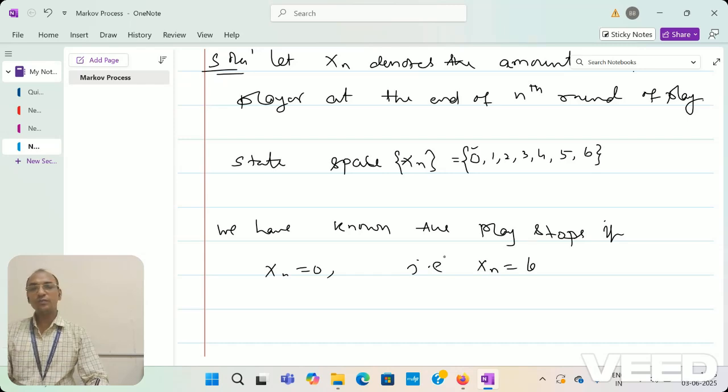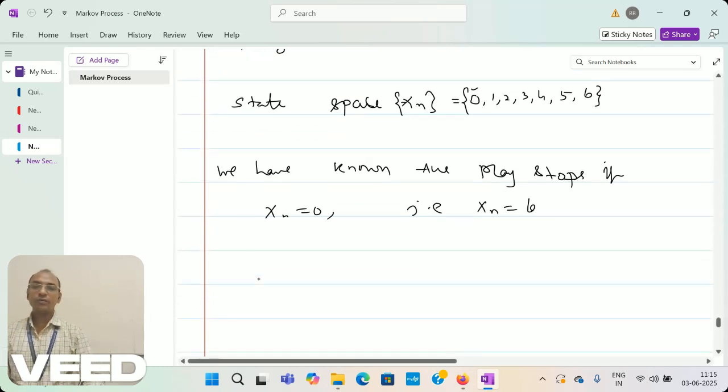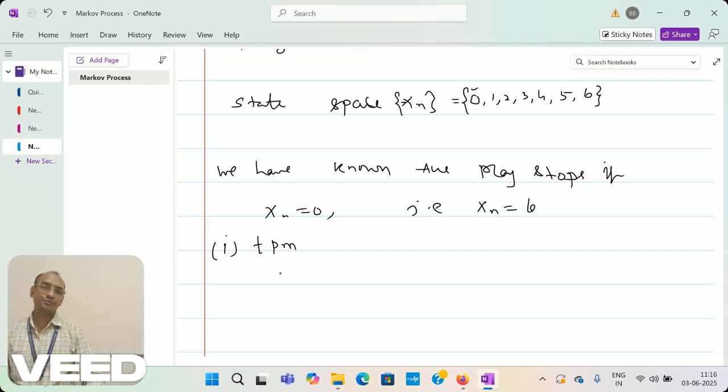Already he had 2 rupees and he won 4 rupees. So if he has got 6 rupees, he will stop the play. And if he has got 0 rupees, he will stop the play. So now let us go for the first problem, how to find the TPM.